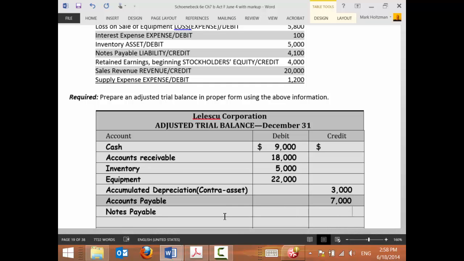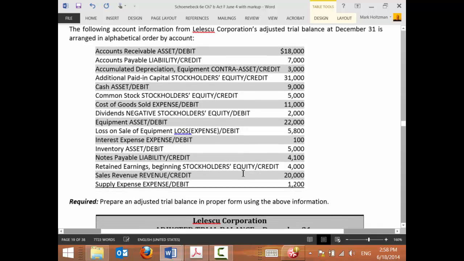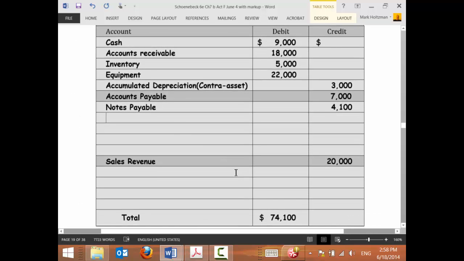Notes payable is a credit of $4,100. Any other liabilities? Okay, let's move on now to stockholders' equity. One stockholders' equity account, the first one we always see, is common stock. Common stock is $5,000. Then I have additional paid-in capital on common stock. And there it is. This is how we see it in the balance sheet, right? So additional paid-in capital is $31,000.